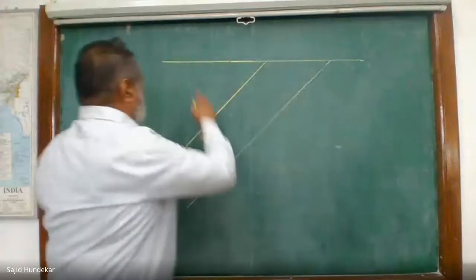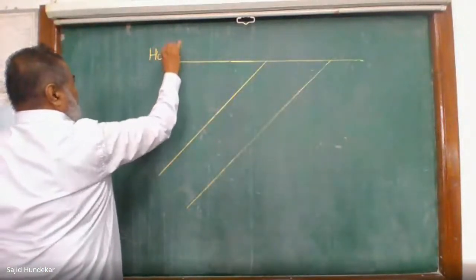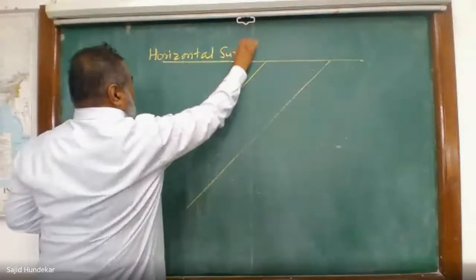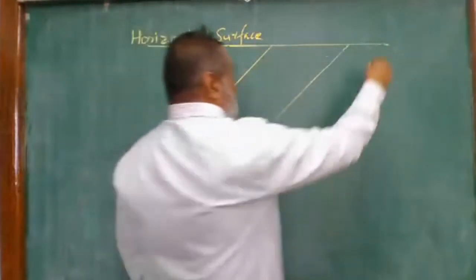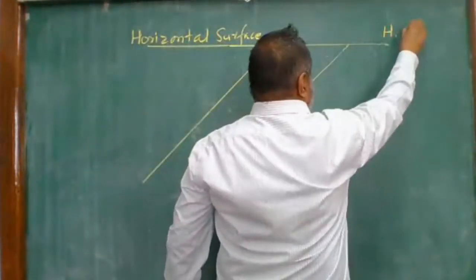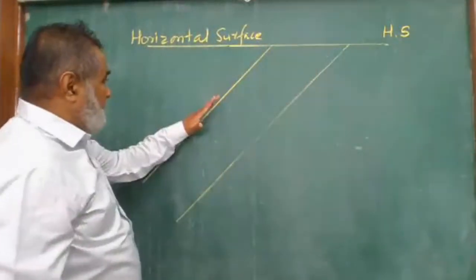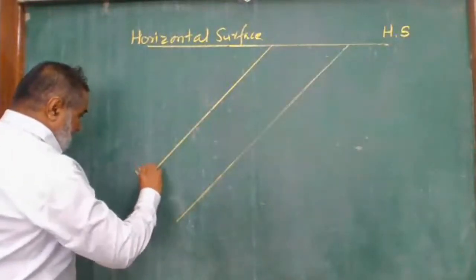The first one, this is your horizontal surface. Write down. Our short form we will use is HS, horizontal surface. Then this is the upper bedding plane.